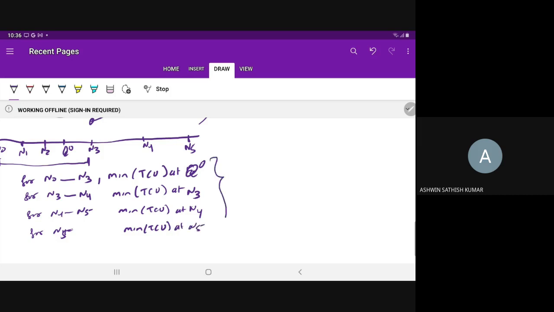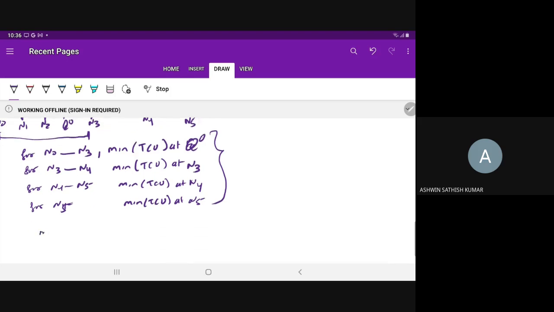So from this, what can be the conclusion of where we have the minimum TCU? From here, we can say the minimum TCU can be at any point, at Q naught, N4, N5.